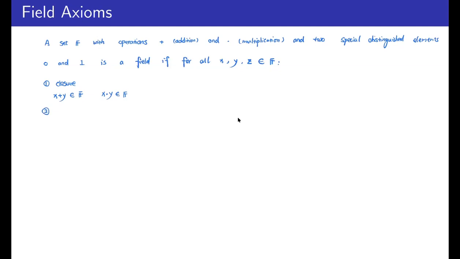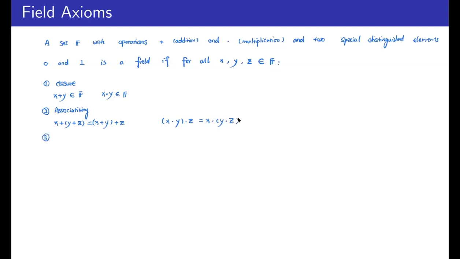Number 2. Anyone else? We have associativity, which means that you can add x, y first, or you can add y, z first. Or you can multiply x, y first, or you can multiply y, z first.